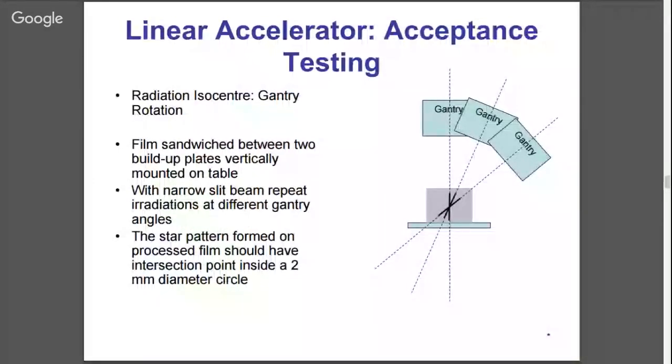We can use a similar technique for checking the gantry rotation. This time we put some film in the vertical plane. Again, we set up a very narrow slit beam, and when we irradiate this film, we get a star pattern again, and we're looking to see that the intersection point is in a very small localized region in the center.